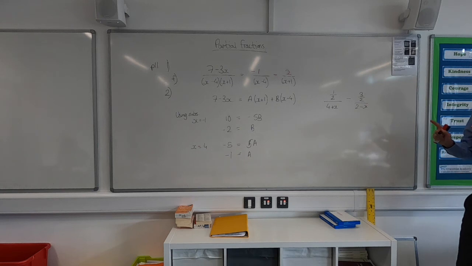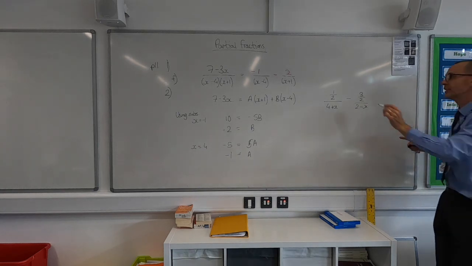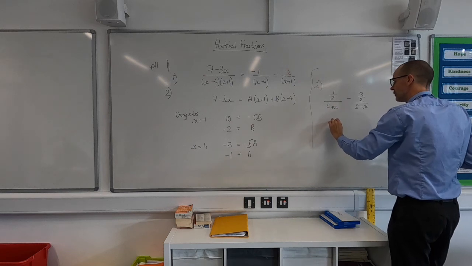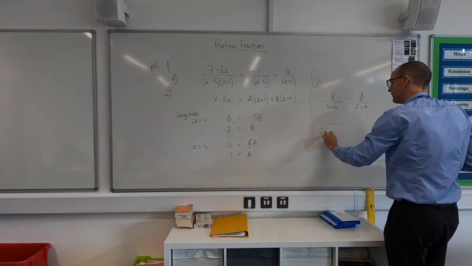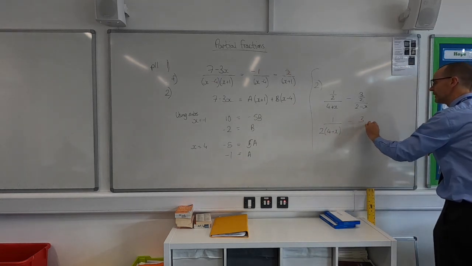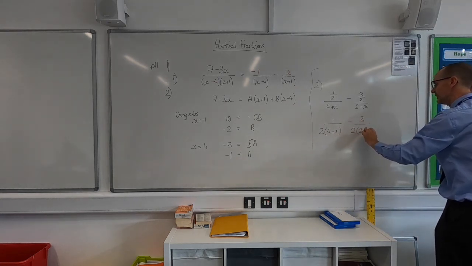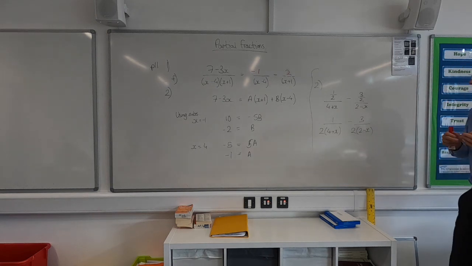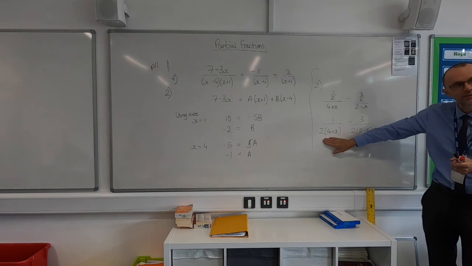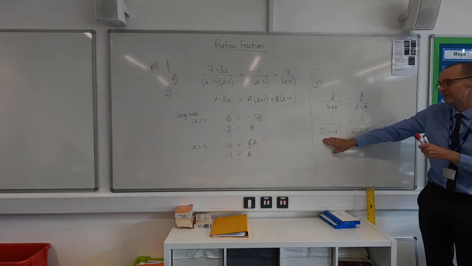And that's fine to leave it like that if you wish, but this is the answer to question 2, and we could write that differently. We could write it as 1 over that minus 3 over that. Those are the same things, because what we're effectively doing is 1 divided by 2 and then divided by 4 minus x, which is the same as dividing by 2 times 4 plus x.